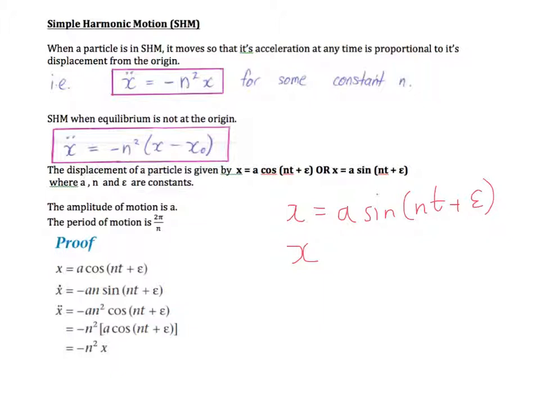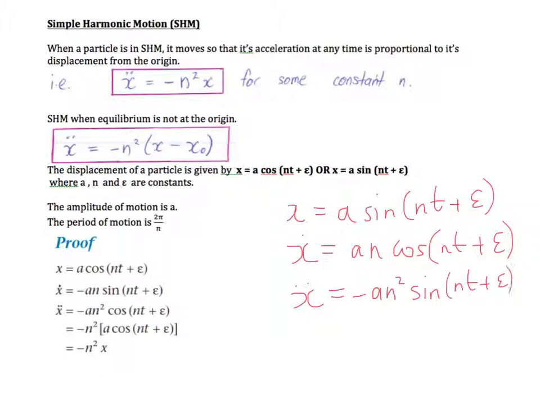So then the velocity equals an cos(nt plus epsilon), which means the acceleration is negative a n squared sin(nt plus epsilon), and just rearranging, taking out the negative n squared, multiplying it by a sin(nt plus epsilon), you can see just there we have our displacement in the brackets.